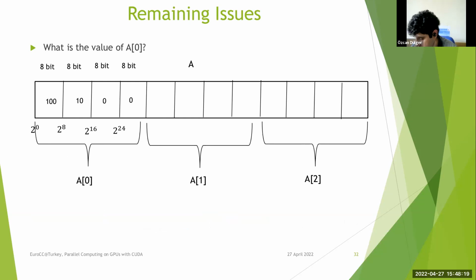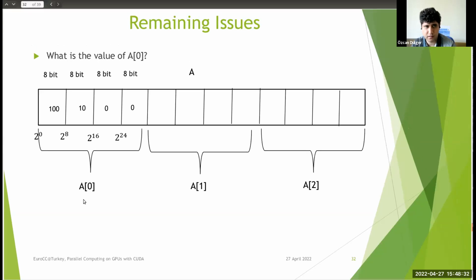Think about that and try to find the proper output of A. I will let you have a while to compute the corresponding value of A. What is the output of A0 here?